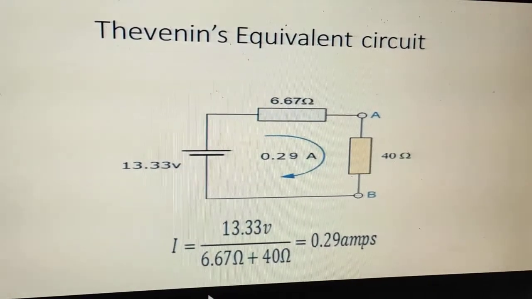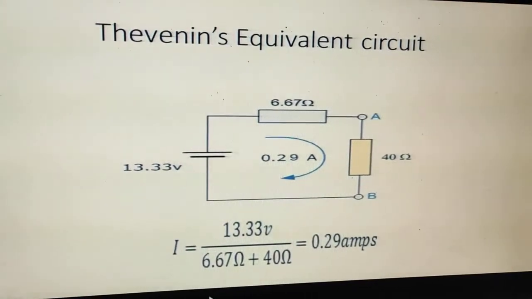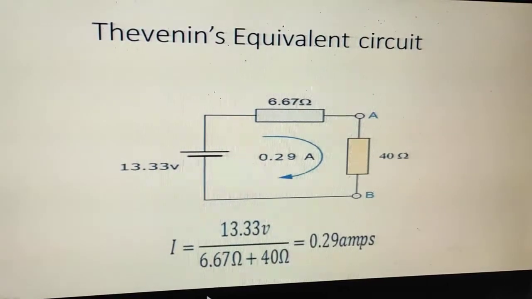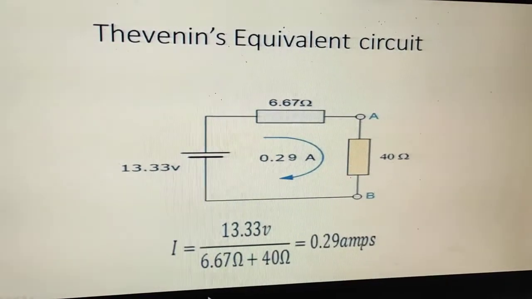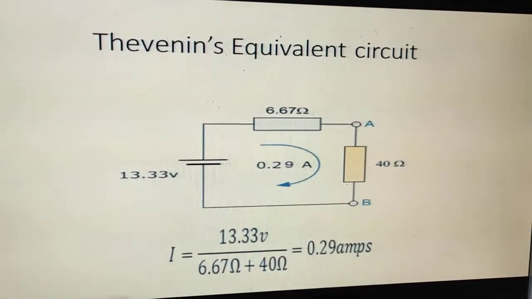So I is equal to Thevenin's open circuit voltage 13.33 divided by Thevenin's equivalent resistance 6.67 plus load resistance 40 ohm, which is nothing but 0.29 amperes.